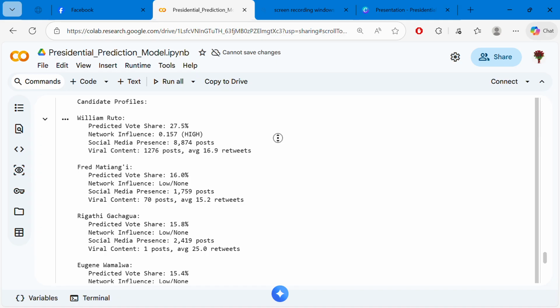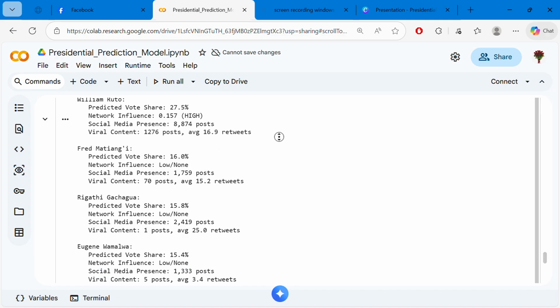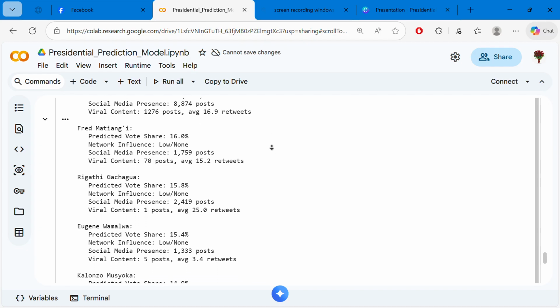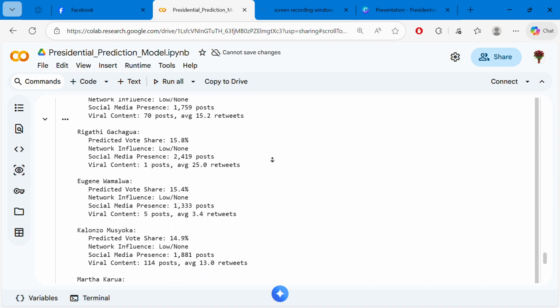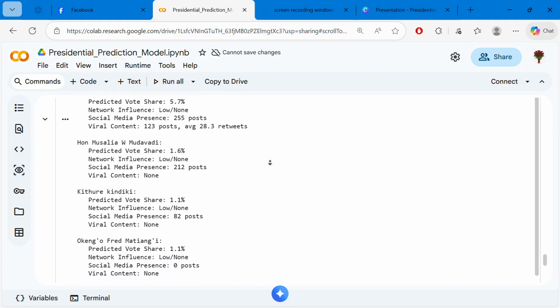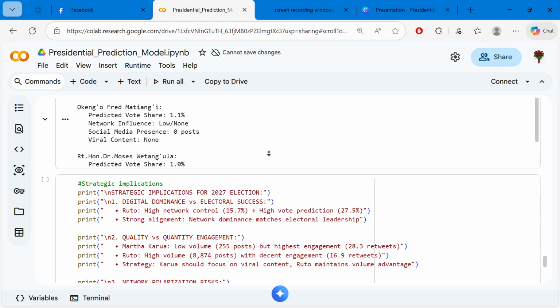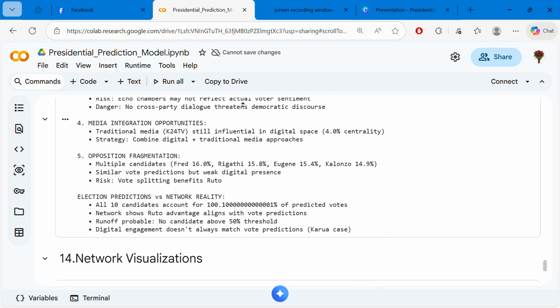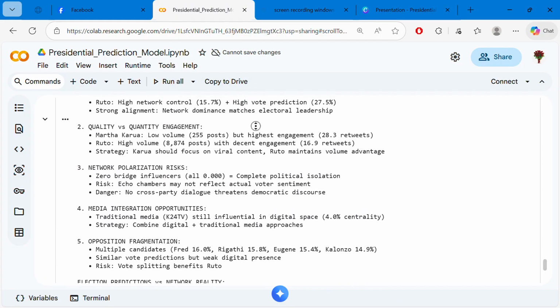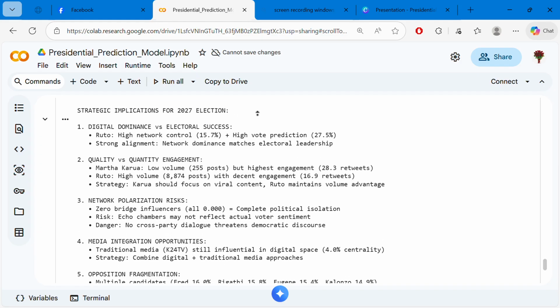So this is the whole summary of it. William Ruto, 27.5%. Network influence was high. Social media presence: he was dominant with 8,874 posts recorded about him. Viral content: all 9 political leaders were evaluated. In the strategic analysis, we looked at how these people can use networking.